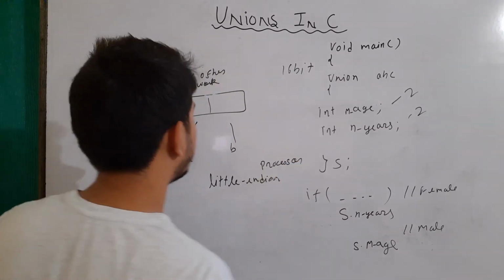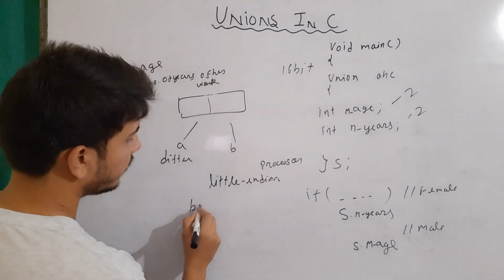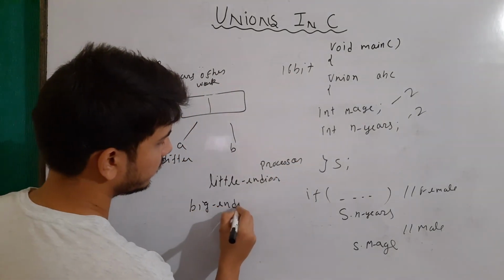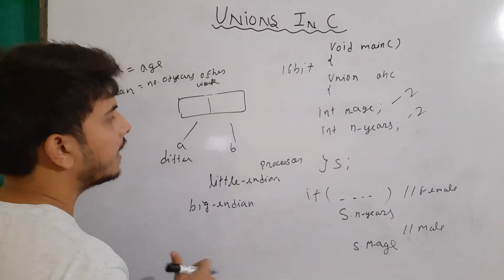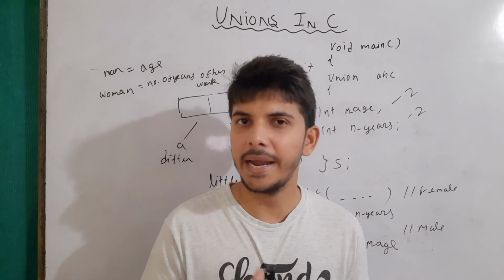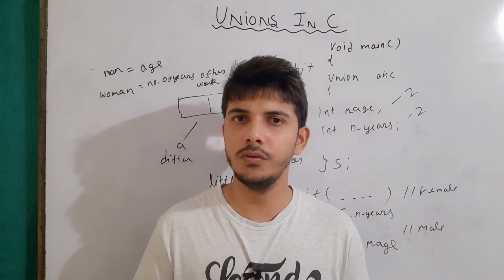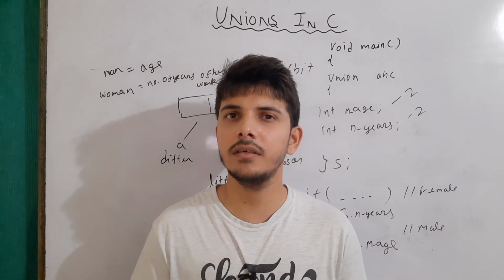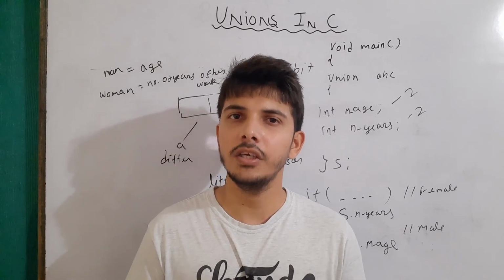It may happen that when you are using a processor which follows the big endian rules, the output may vary because they use a different method of storing the bytes, right? I talked about unions for the Little Endian processor since they are more common in use, right?